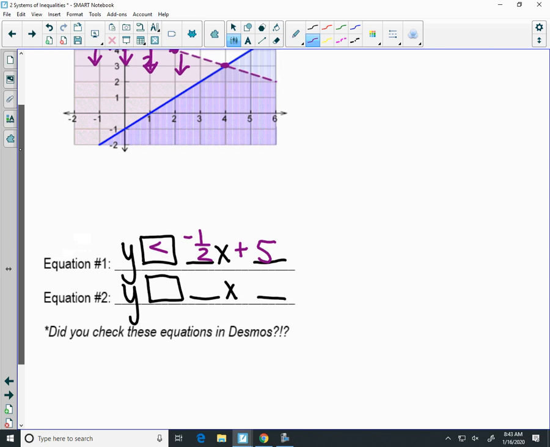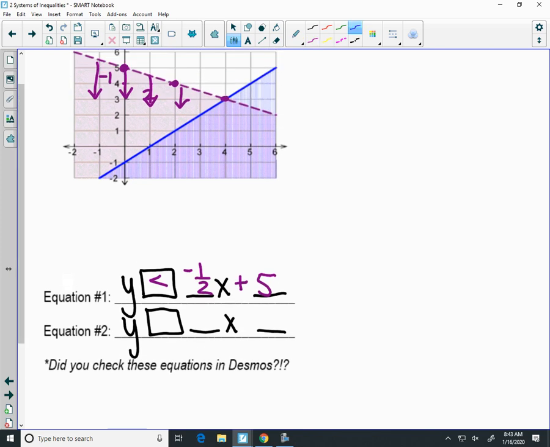For equation number 2, we're going to do the same thing. Our y-intercept is -1. Our slope, we've got lots of nice points here. I'm going up 1, right 1, so it's 1 over 1, or you could just write it as 1. We have a solid line, so I need an equal to.